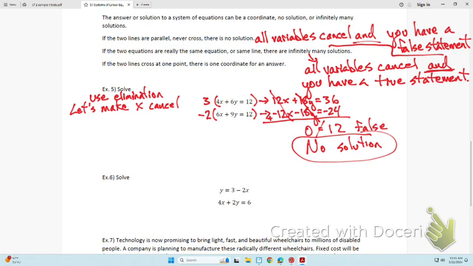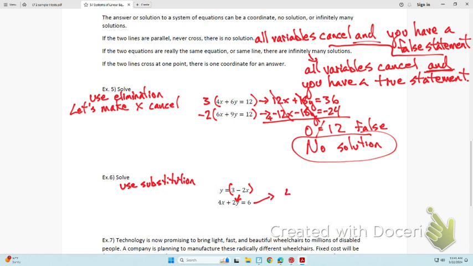Let's try number 6. I would use substitution on this one, all because of that y being solved for. It's all by itself. So that means I can take this and plug it in right there. And it's a pretty quick problem.